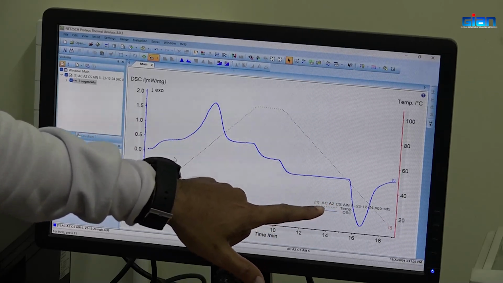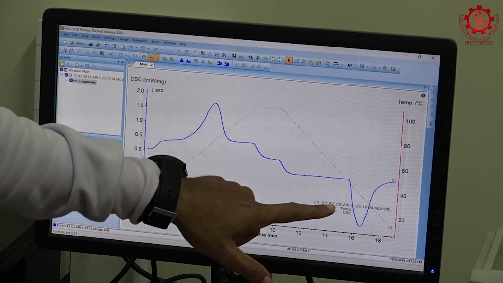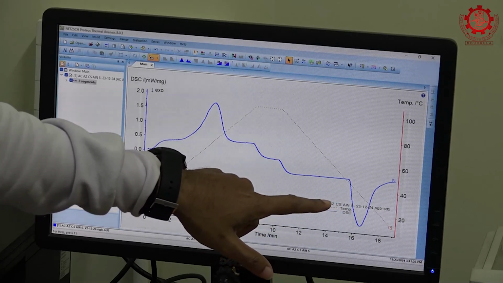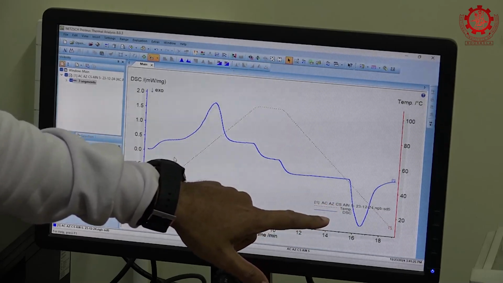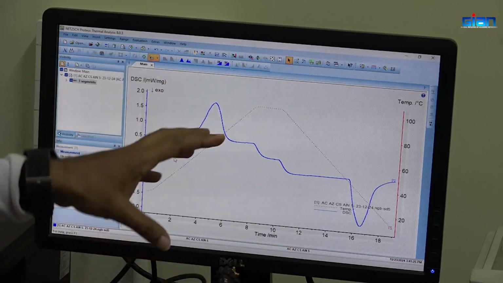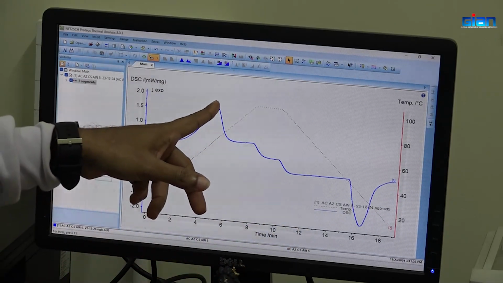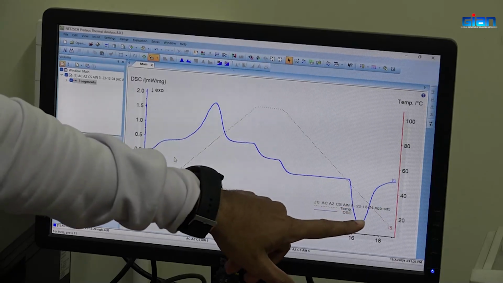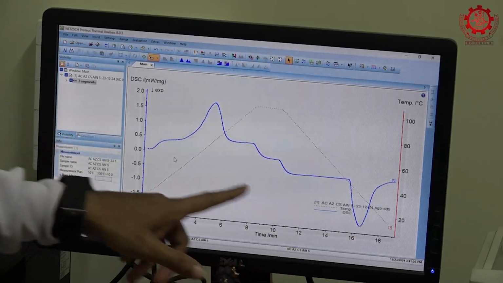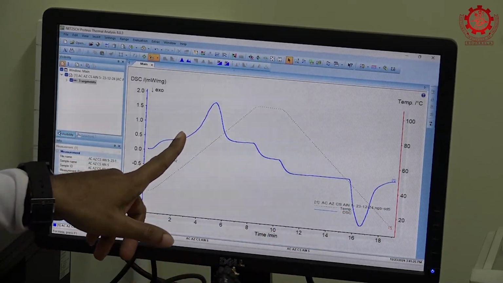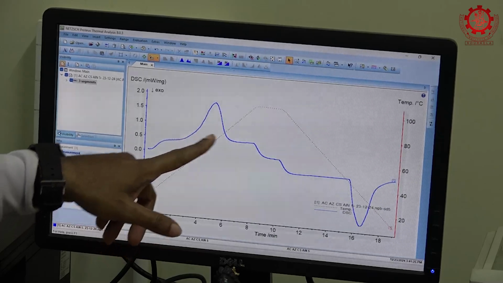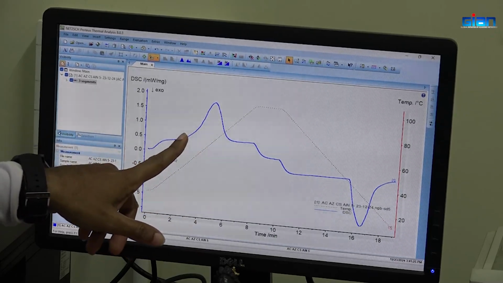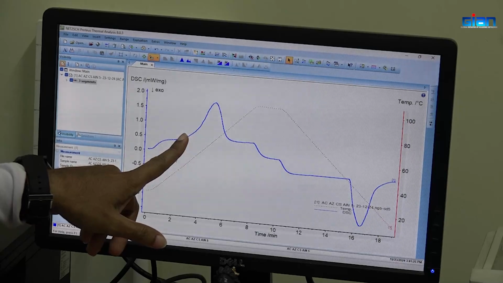The sample will release heat, and less heat is supplied to the sample, and the peak always points downward. That's all, and you can find the melting temperature from here, and this is for your crystallization temperature, and from here you can find the glass transition temperature, and the area under the curve will give you the enthalpy of the given sample.